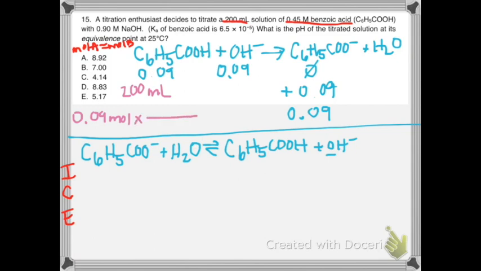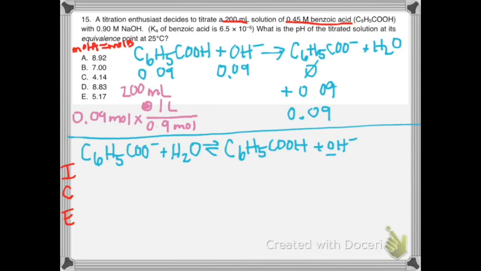We know that our base, for every 1 liter, we would get 0.9 moles.